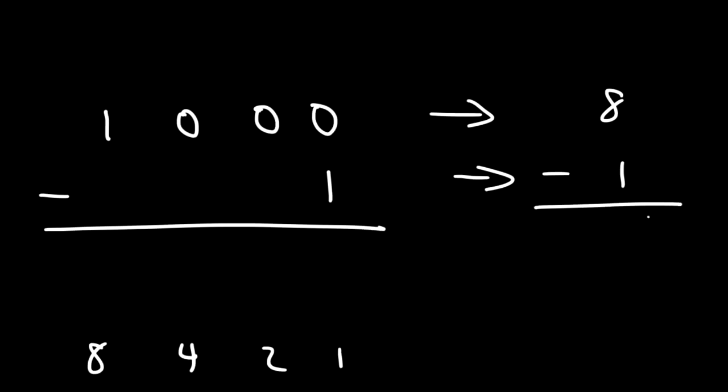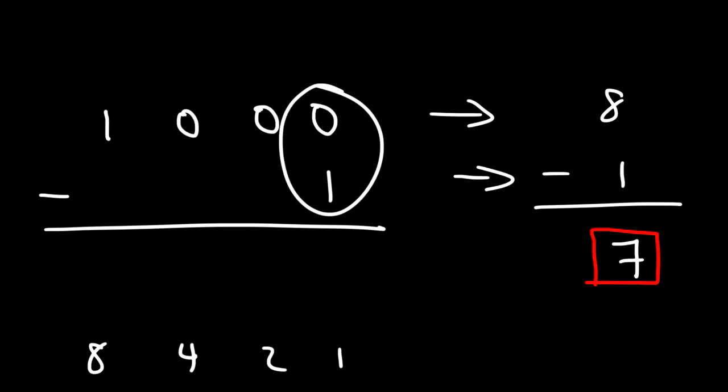Now let's subtract 1000 by 1. And so we know this is 1, 2, 4, 8. So this has a value of 8. And this is just 1. 8 minus 1 should give us a final answer of 7. So let's confirm it.